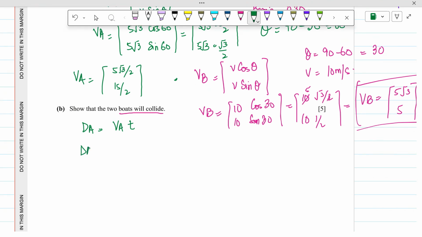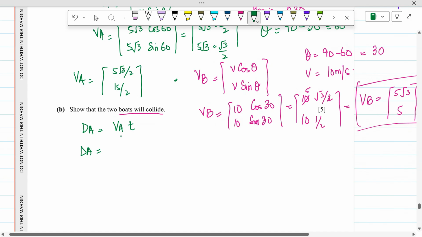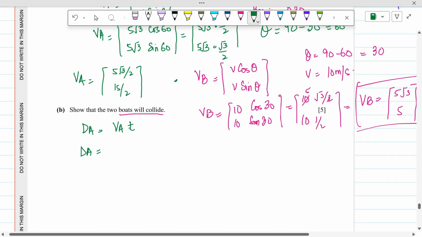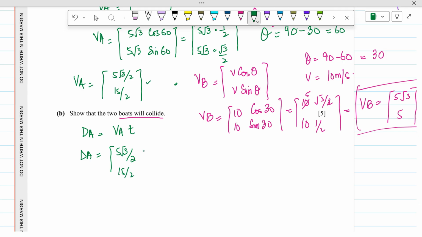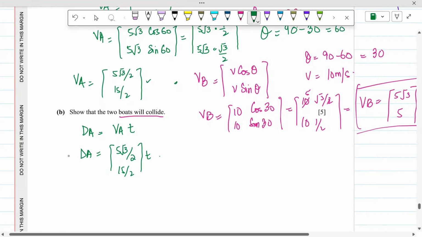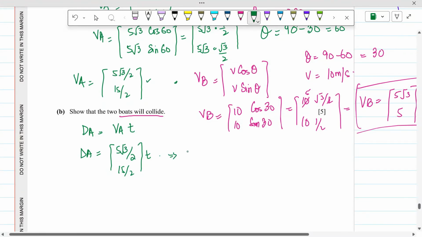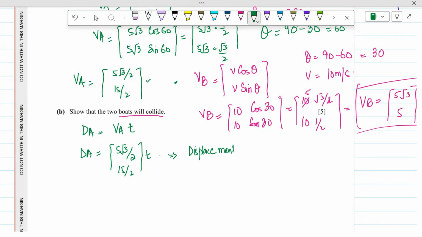Plugging in the velocity we just calculated, dA = (5√3/2 t, 15/2 t). This is the displacement of boat A.